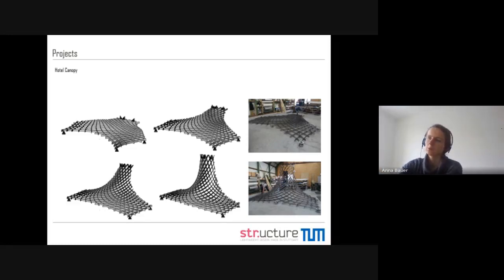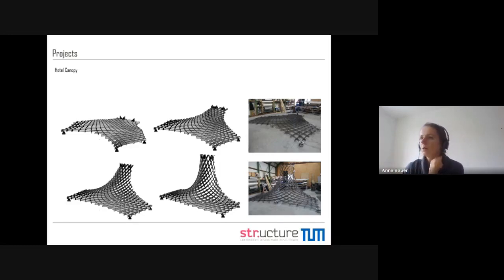And then also you can evaluate how I have to put them together on the ground in order to have minimum stresses and forces in the bent shape on the ground in order to assemble it. And then also you can evaluate how much force I need in order to pull the flat shape into this three-dimensional shape.